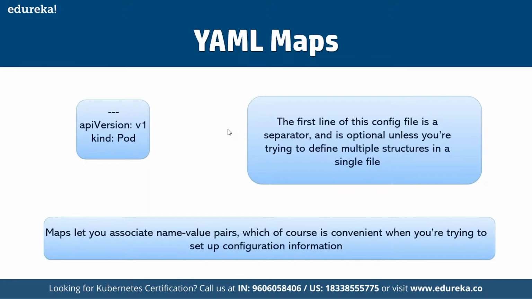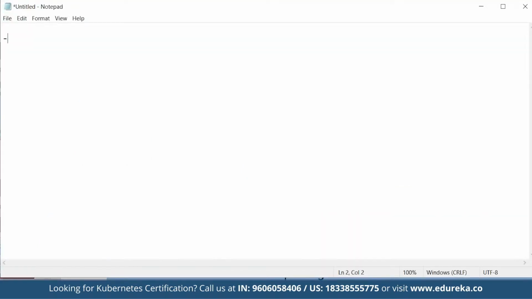So, key and a value. Training is the key, value is Kubernetes. Trainer is the key, value is, let's say, John. Timing is the key and value is, let's say, 7 a.m. So this is one YAML file and it can end with 3 dots like this.